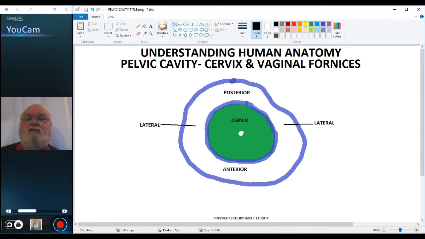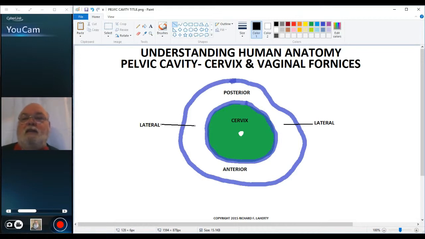Now, in the last slide, I want to look at a sagittal section through the female pelvis so that we can look at the folds of peritoneum associated with the rectum, the uterus, and the urinary bladder.